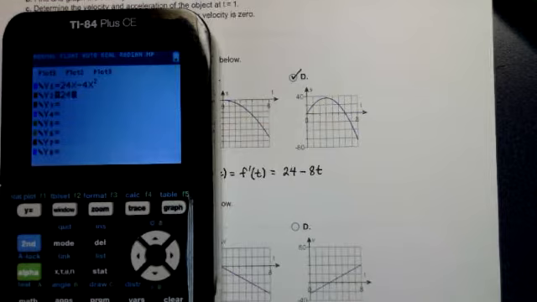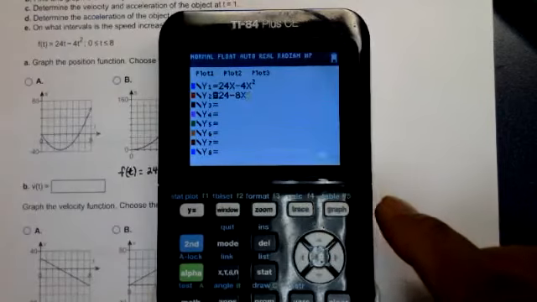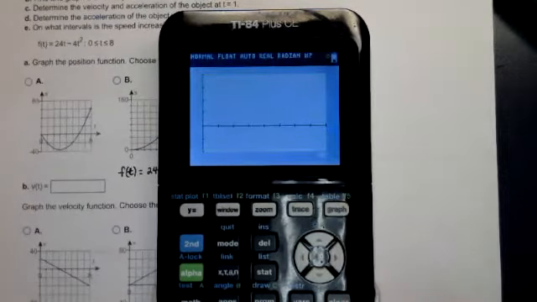So it would be 24 and then minus 8, and I'm going to treat the t as an x. And I'll do the graph. That's what the graph looks like. It's going in the downward direction because my slope is negative, so I would expect that to happen.